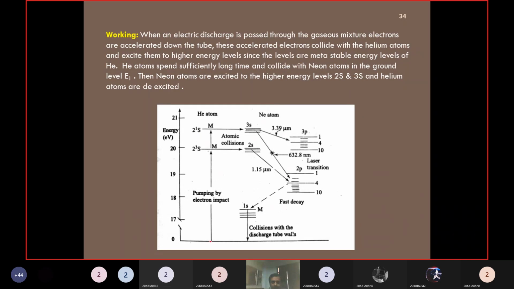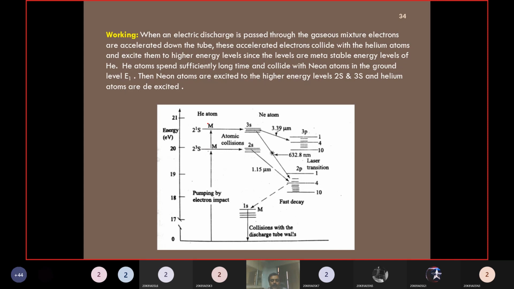Similarly here, the helium atom goes to these excited states. These are the spin energy levels. This is the second electronic level, and this 1s is the first one. Another spin state: this is the plus half state, this is the minus half state. Like that, the spin energy levels are divided. Now these are the energy levels of the helium atom.